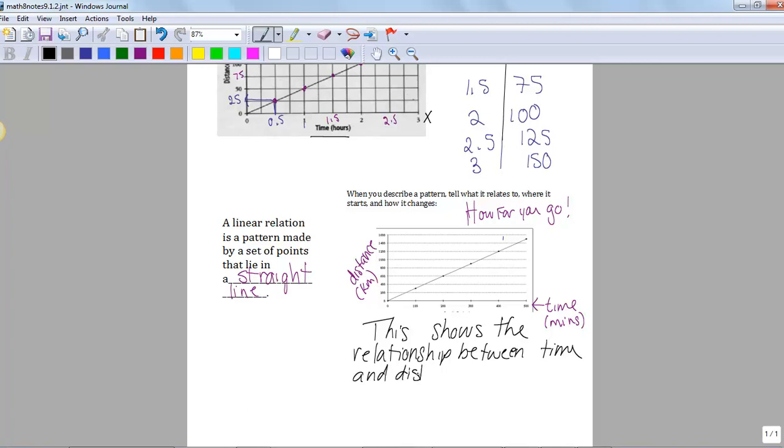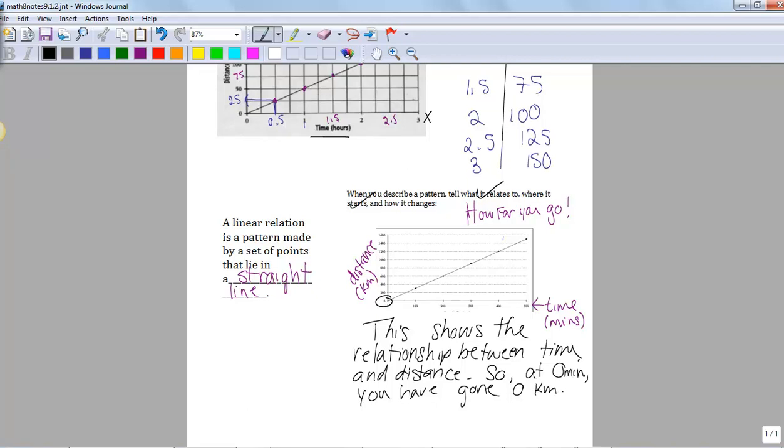Okay, so that's saying what the relationship is. And then the next part, where does it start? Right at 0, 0. So at 0 minutes, you have gone 0 kilometers. Nice and easy.